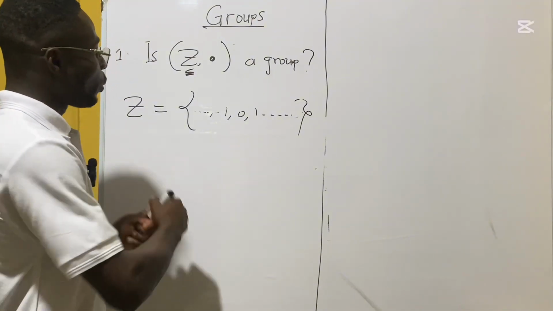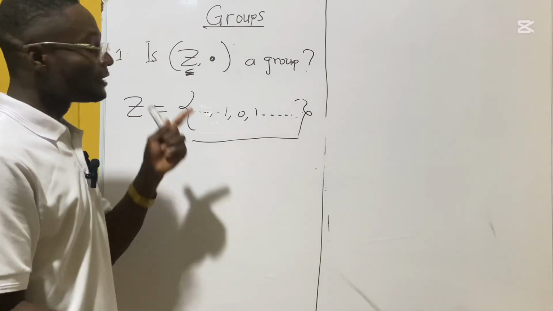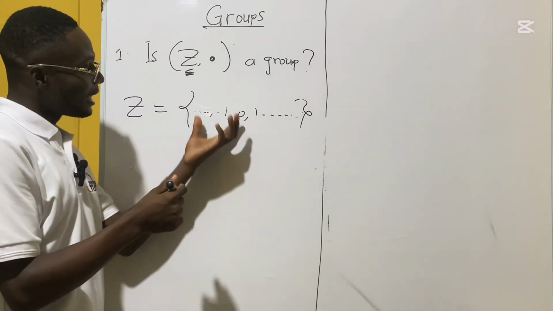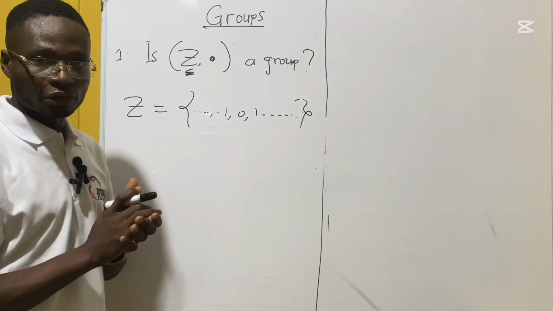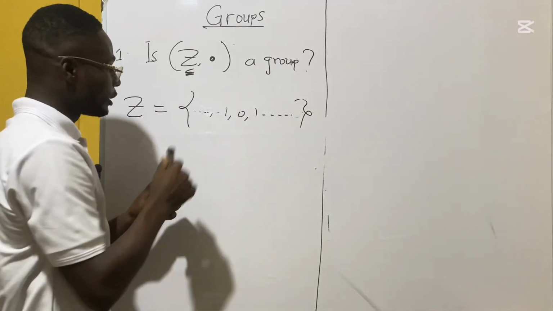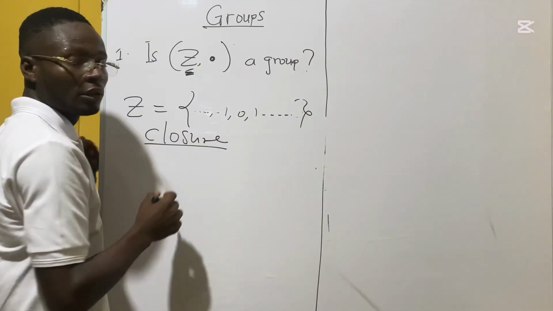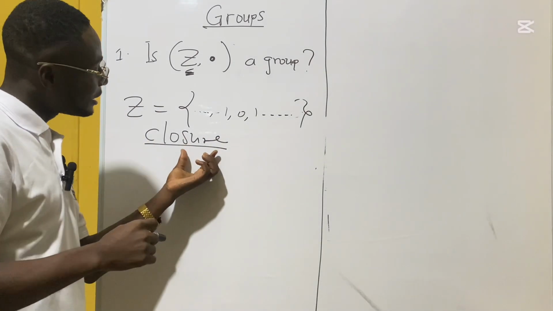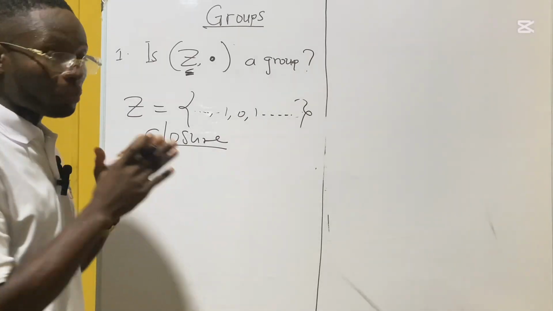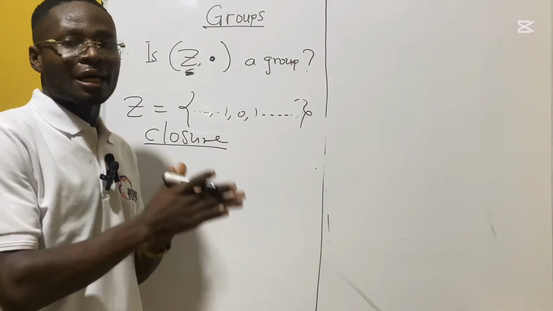Once we know the definition for integers, we can go on and answer this particular problem: integers under the operation multiplication. Let's check the properties for a group. The first property is closure. For it to satisfy the closure property, the product of any two integers must be an integer.